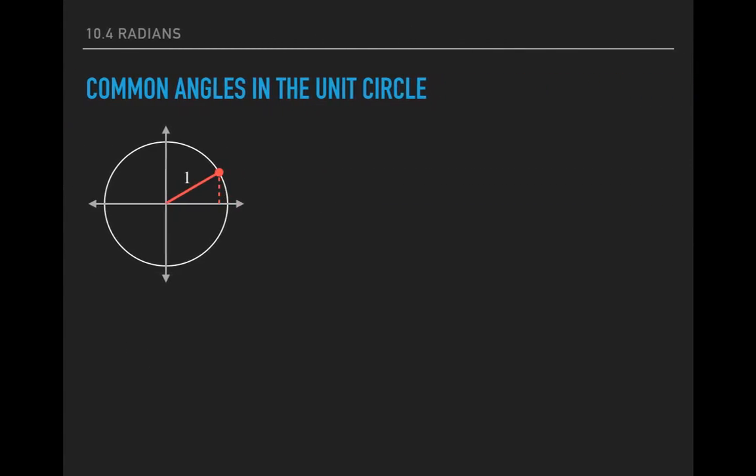Let's look at another common angle. It is the 30-degree angle. And in this 30-degree angle, the shortest side has a measure of 1/2. Now, to find that other side, we're going to use our Pythagorean theorem to help us out here.